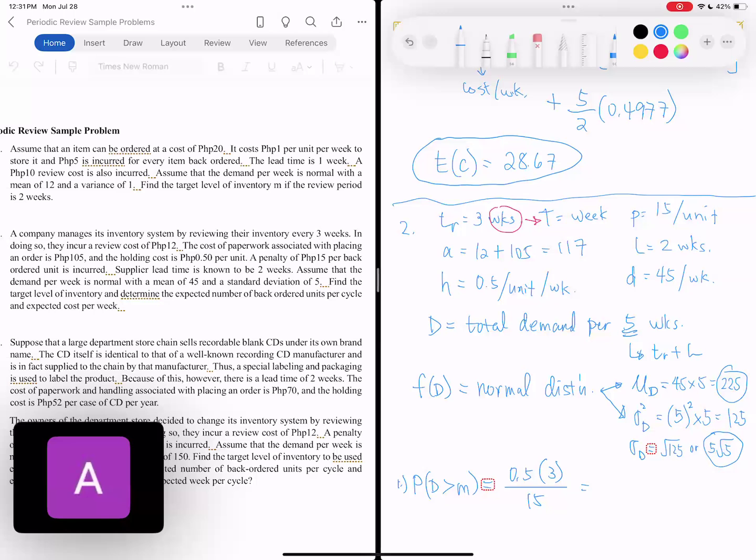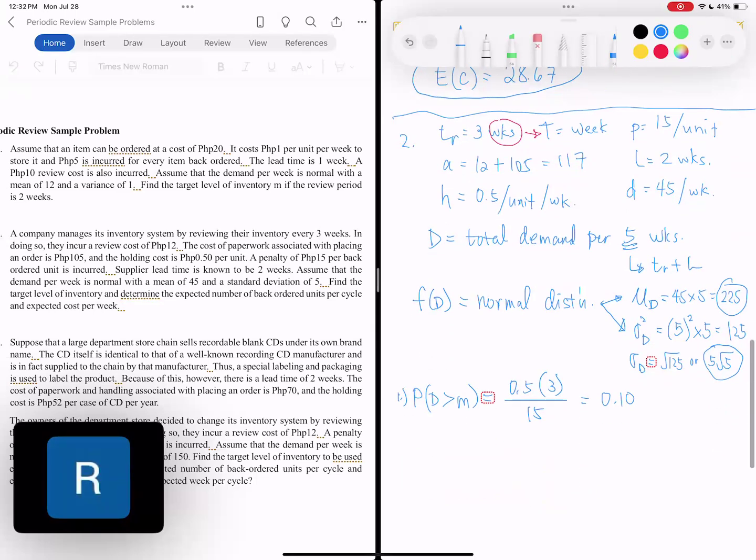Okay? And you now have an equation. As I've said, this is just your Z. You have to look for the Z value. Since 0.10 here is the area to the right, you have to do Z of 1 minus 0.1.